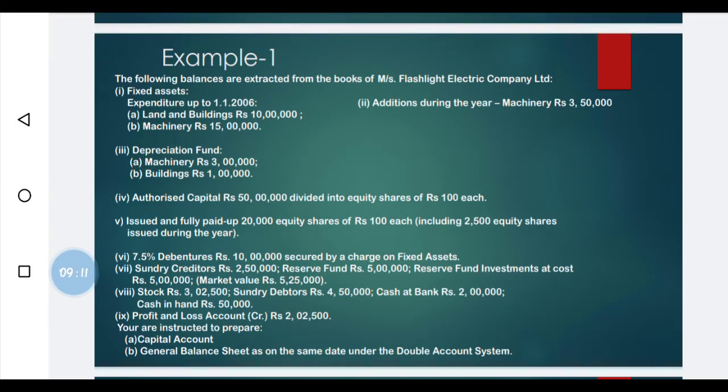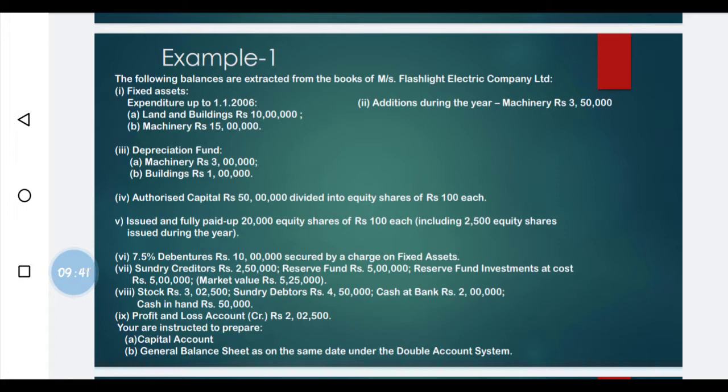In that 20 lakhs, the previous year is 17,500 shares; 17,500 into 100 gives 17 lakh 50,000, and the current year's is 2,500 into 100, which gives 2 lakh 50,000. So you have to write 17 lakh 50,000 in the previous year column, that is receipts up to 1/1/2006, and 2 lakh 50,000 you have to write in the current year.